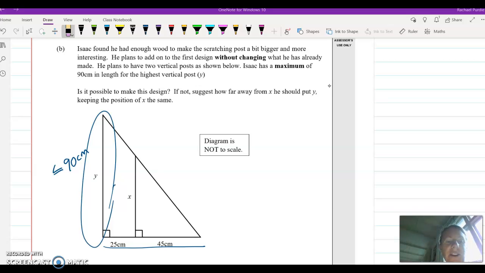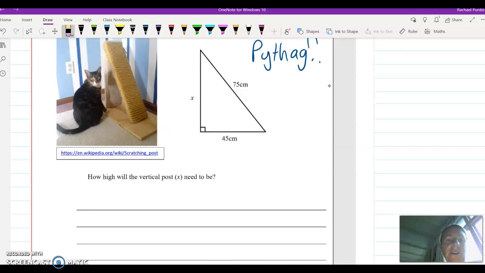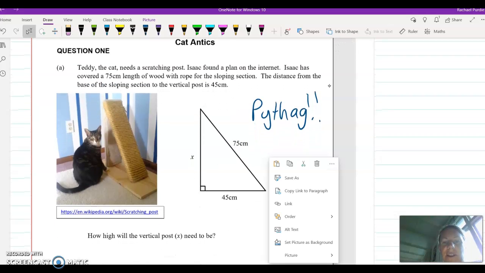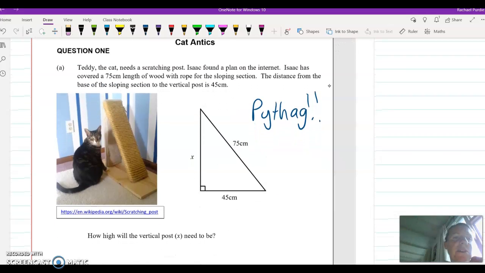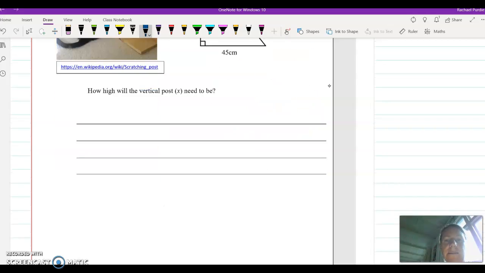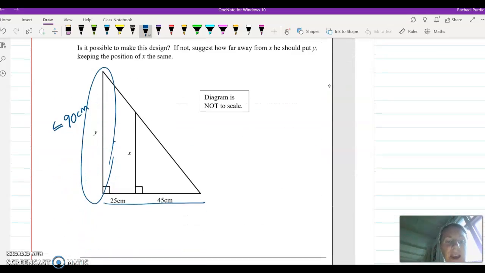So it's given us two little bits of information down here in the picture, but actually we know that what he's already made includes that 75 centimetre length there as well. So pop that in. You know that that's 75 centimetres.